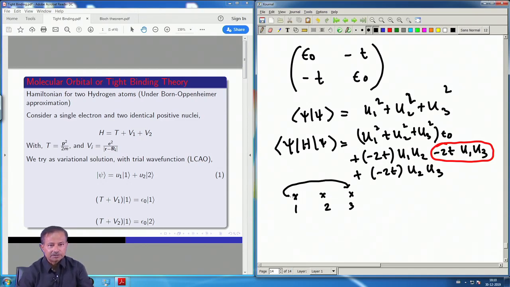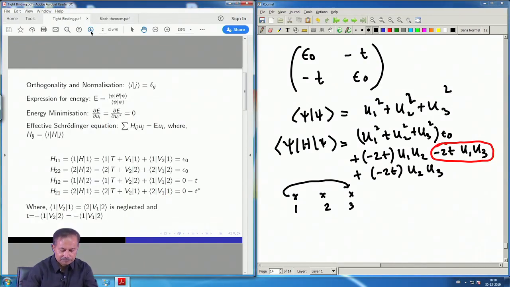Let me show you what t was. Look at what t was. T was 1 V2 2 or 1 V1 2. So, it is the matrix element between the orbital at 1 and the orbital at 2 of the nuclear interaction of the 2 and of the 1.